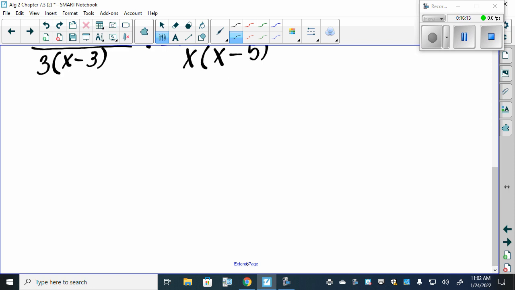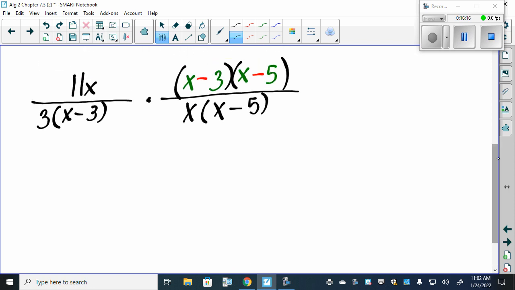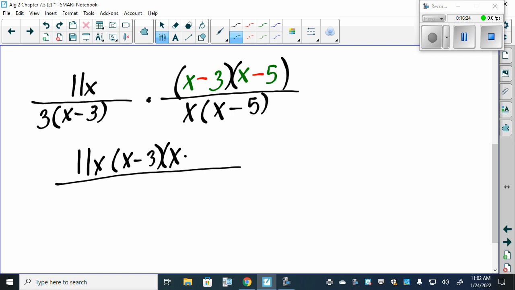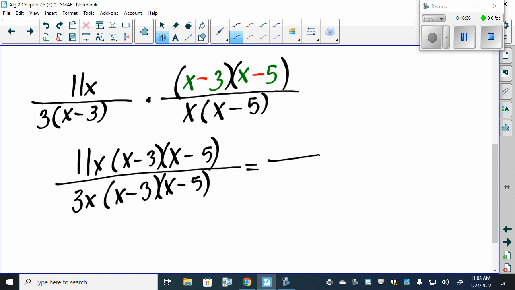Now at this point, we can multiply the numerators together and the denominators together, which would give us 11x times x minus 3 times x minus 5 on top. And on bottom here, we'd have 3x times x minus 3 times x minus 5. Well, x minus 3 and x minus 3 cancel.